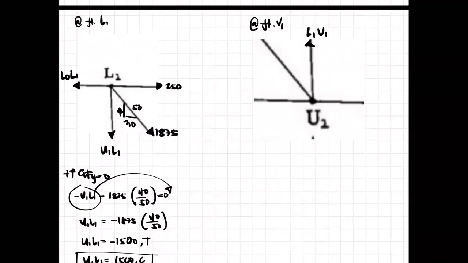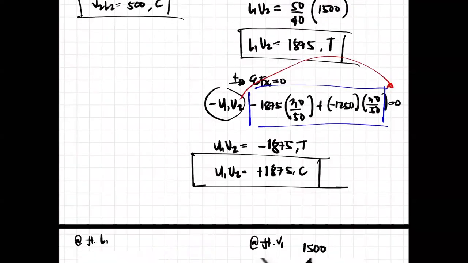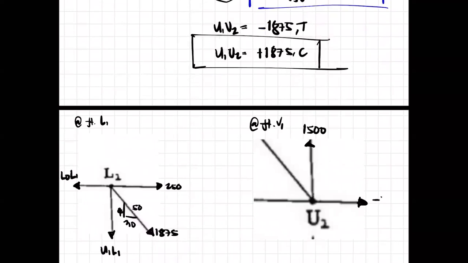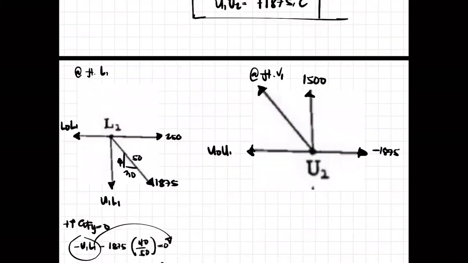Or ang nakuha natin dyan is 1.5. Okay, diretso na natin yan. That is 1.5. And this one is U1 U2. That is negative 1875. No, contention ang gagamitin natin. Ito is unknown and this one is unknown. This is UO U1 and this is LO U1. Okay? LO U1. And 40, 30, 50. Okay?